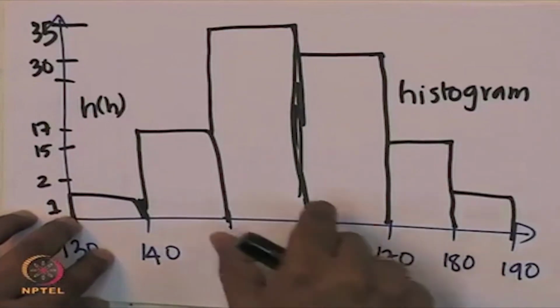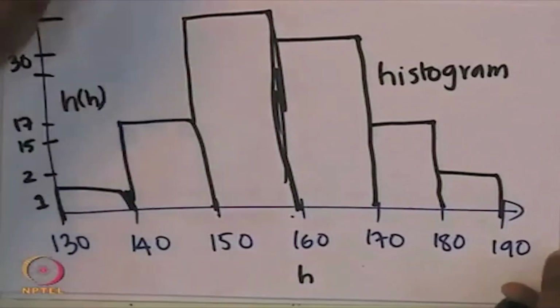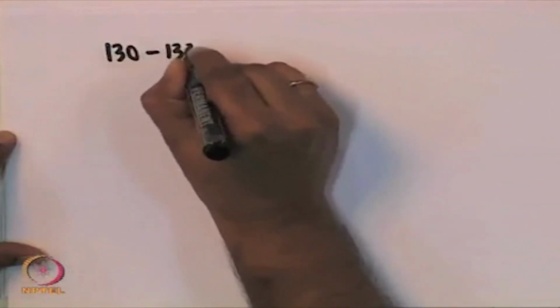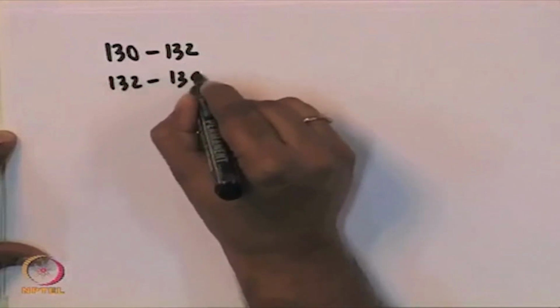So we can actually reduce the range if you wish. Instead of writing 130 to 140, I could write how many students between 130 and 132, 132 and 134.